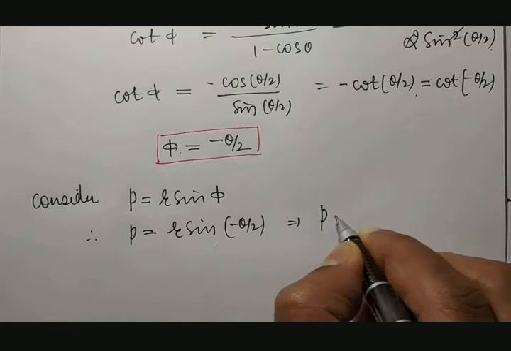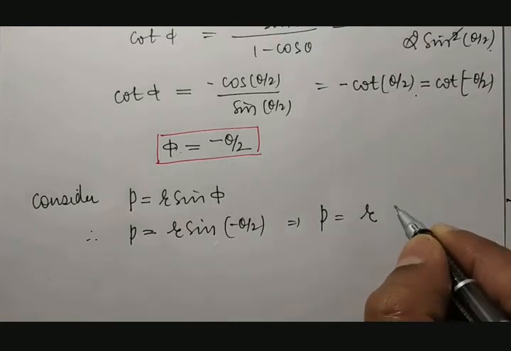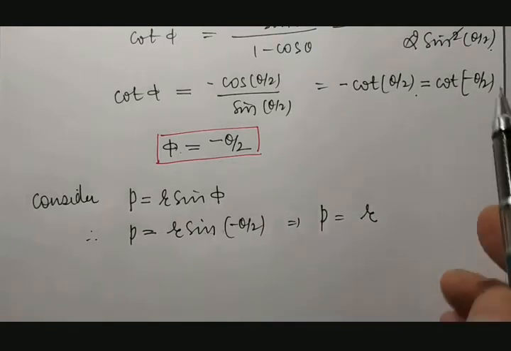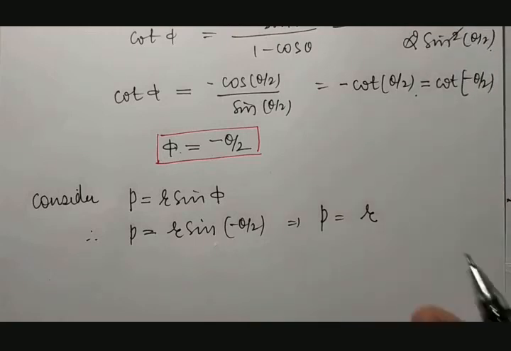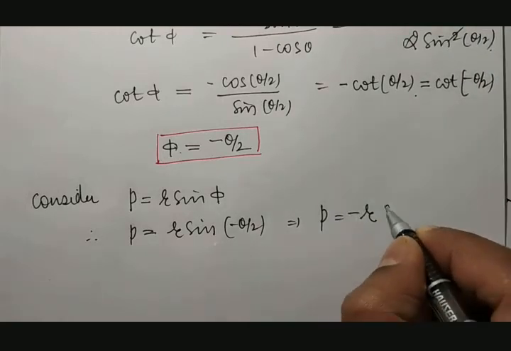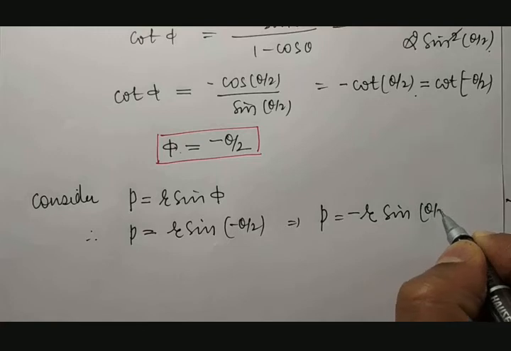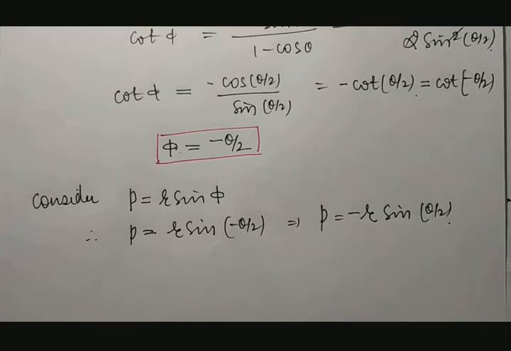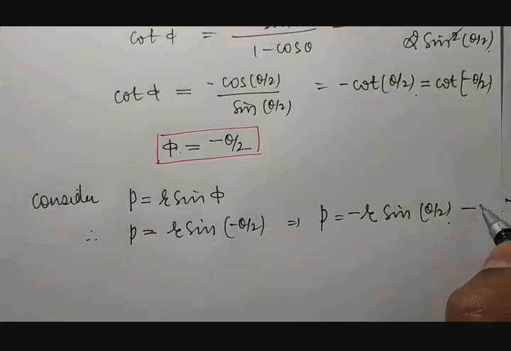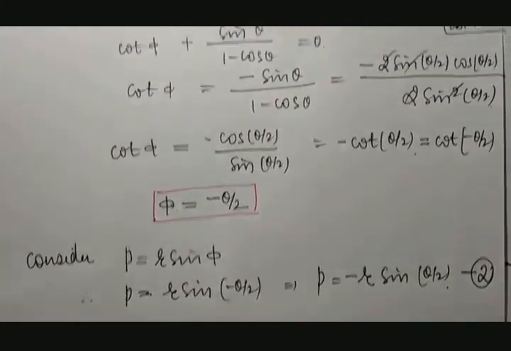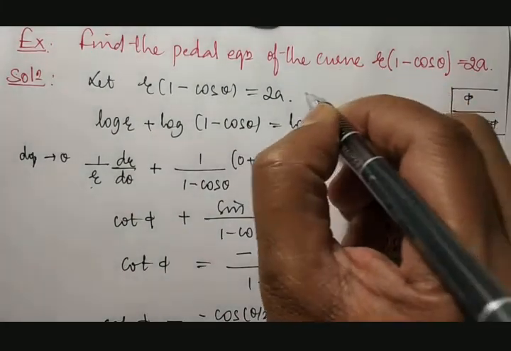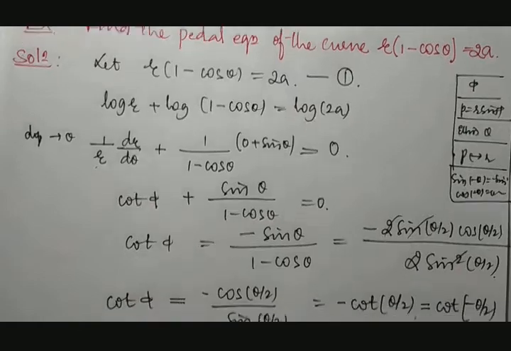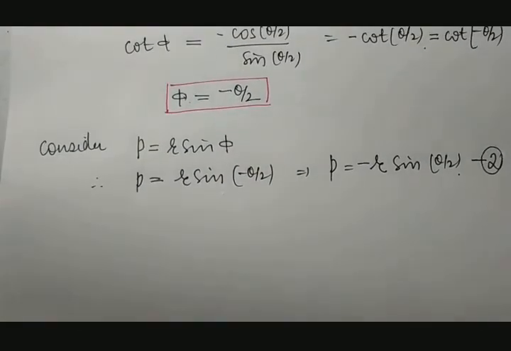Which is nothing but p = r sin(-θ/2). Already we discussed that sin(-θ) is -sin θ. So it is p = -r sin(θ/2). Okay. So I'll be taking it as equation number 2. Then which is 1? The curve. This is 1 all the time.